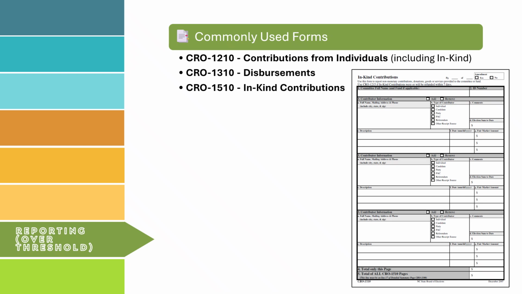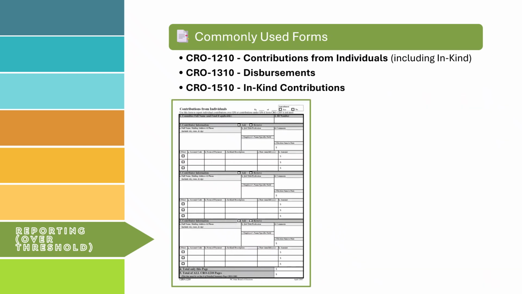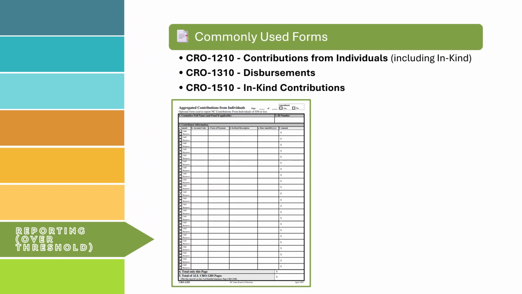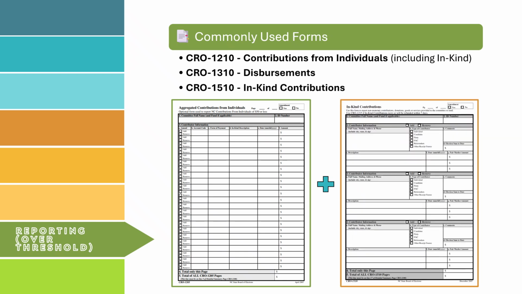Then we have Form CRO 1510, In-Kind Contributions. This is where you'll report all in-kind, non-monetary contributions. That's right. You must report all in-kind contributions on two different forms. Once on a contributions reporting form, like the CRO 1210 or CRO 1205, and once on an in-kind contributions form, CRO 1510.